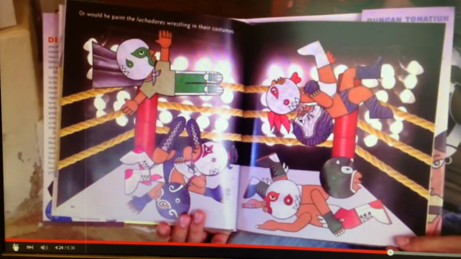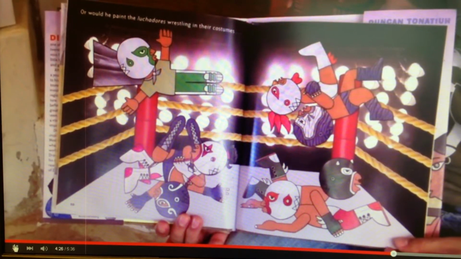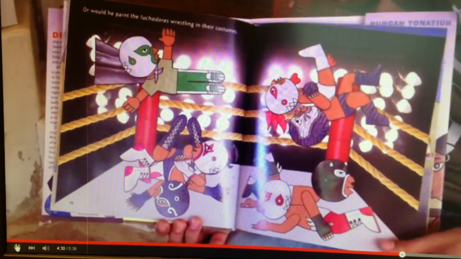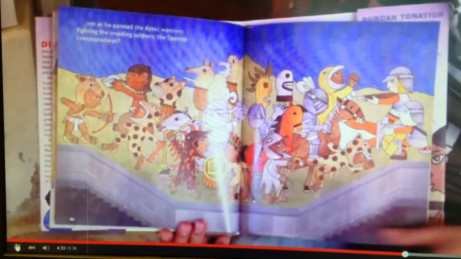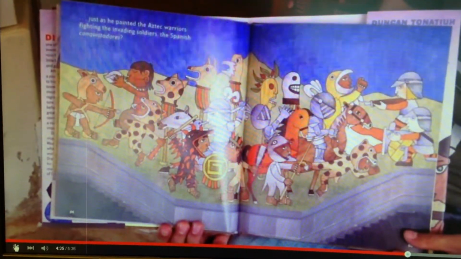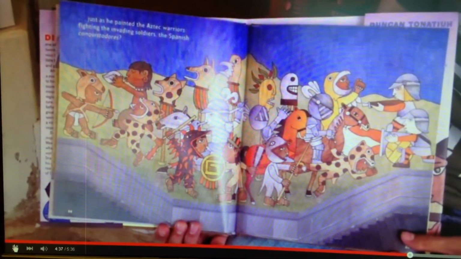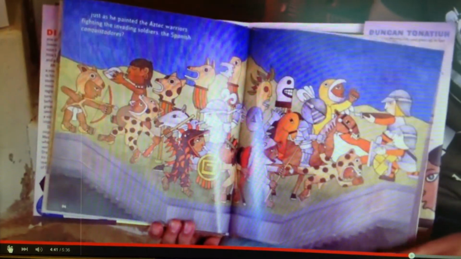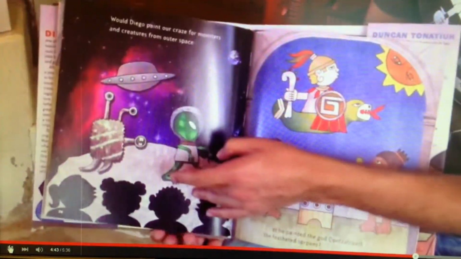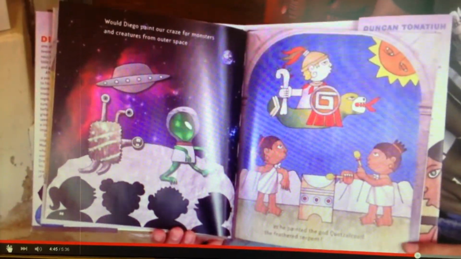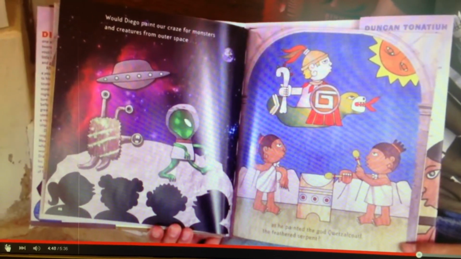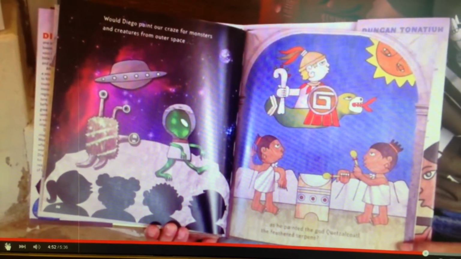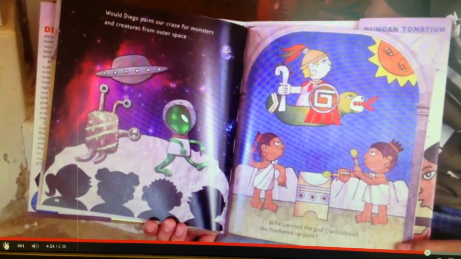Or would he paint the luchadores wrestling in their costumes? Just as he painted the Aztec warriors fighting the invading soldiers, the Spanish conquistadores. Would Diego paint our craze for monsters and creatures from outer space? As he painted the god Quetzalcoatl, the feathered serpent?